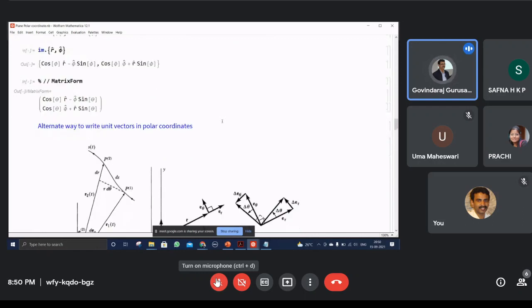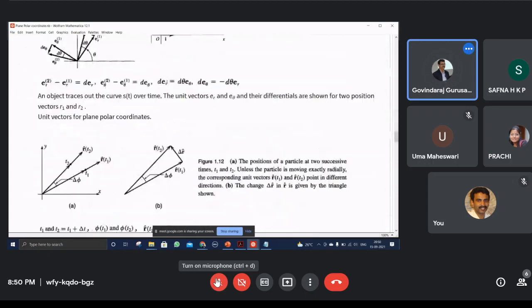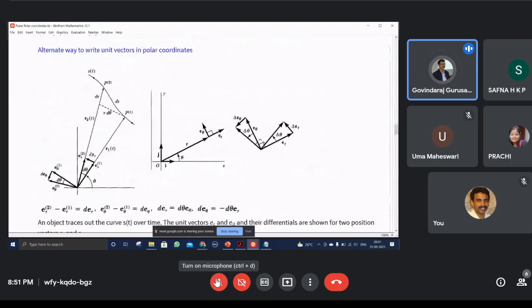e_r and e_theta are functions of theta, which we don't want to write explicitly, but it comes out naturally by looking at the position vectors. This is the position vector along this e_r direction. This is also the position along the e_r direction after making a small displacement de_r over a time interval of dt.